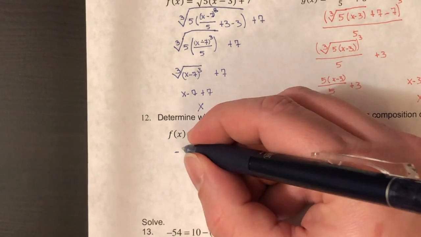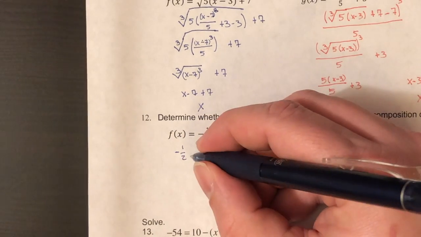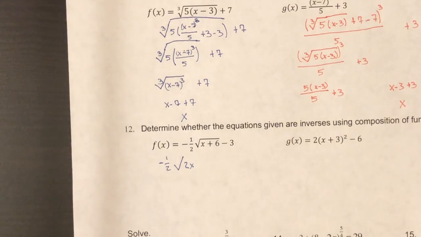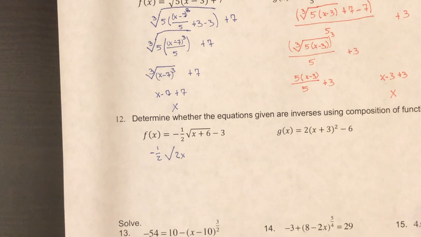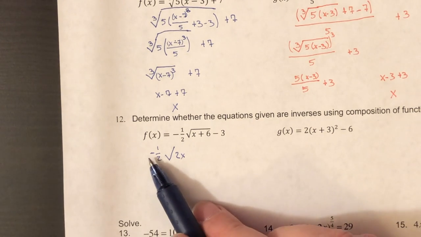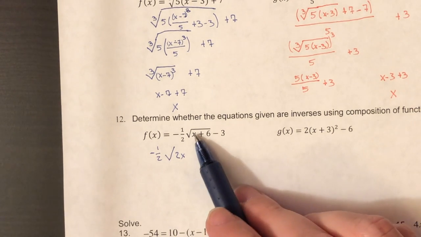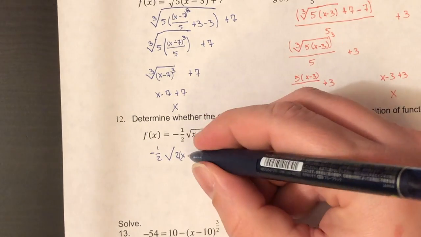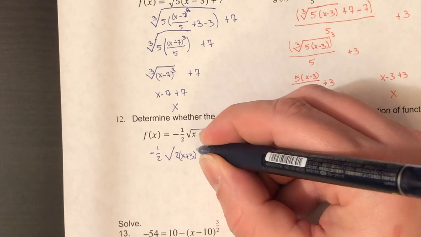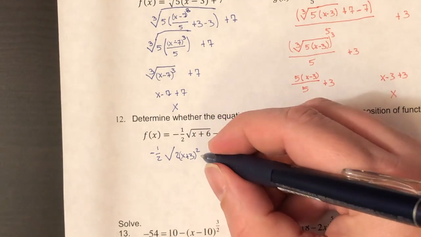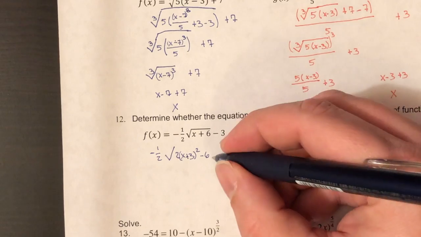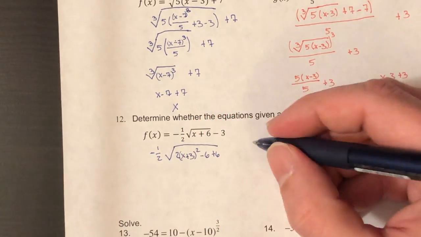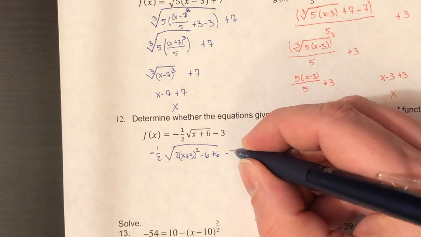So I've got negative 1/2 square root of, instead of x, it's this entire thing, 2x plus 3 squared minus 6, and carrying on, plus 6 through over all of that, and then minus 3.